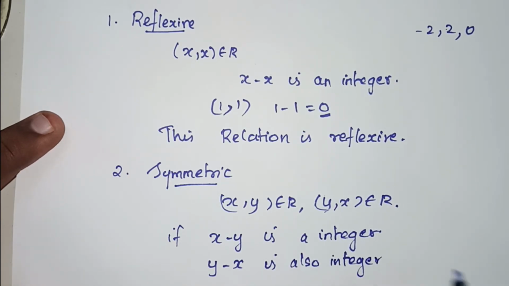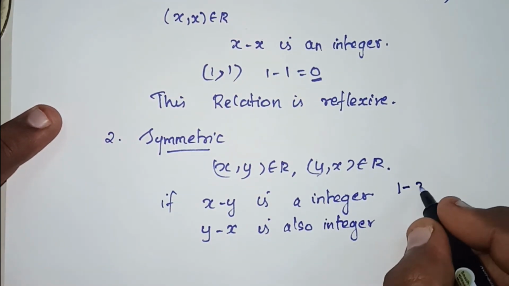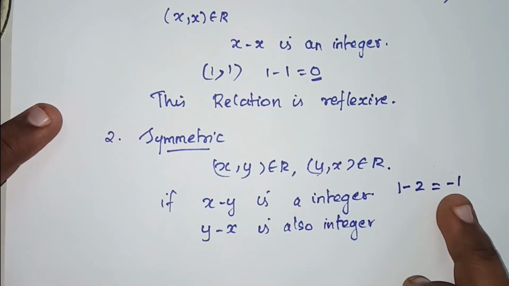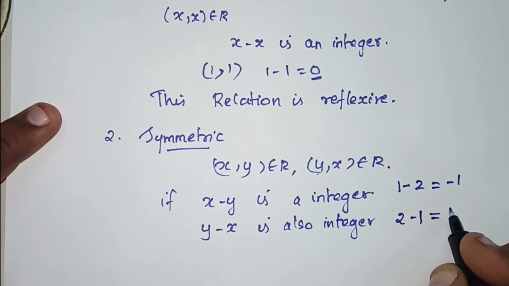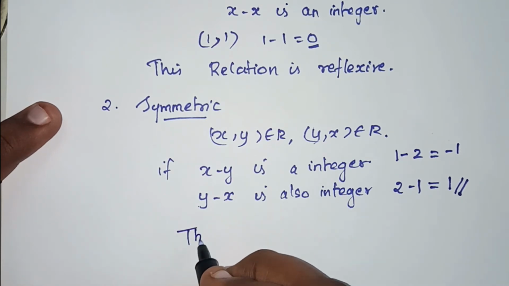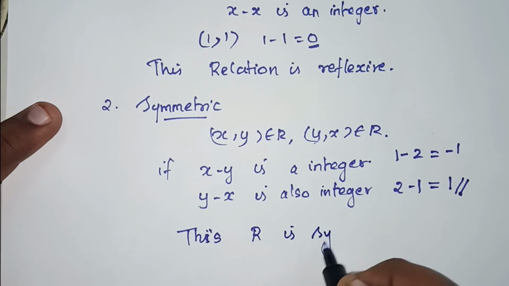For example, we can take x is equal to 1, y is equal to 2. So 1 minus 2 is equal to what? Minus 1. So minus 1 is an integer. Next, y minus x. 2 minus 1 equal to 1. That is also an integer. So this shows this relation is symmetric.